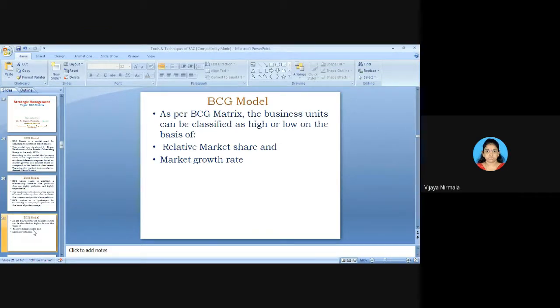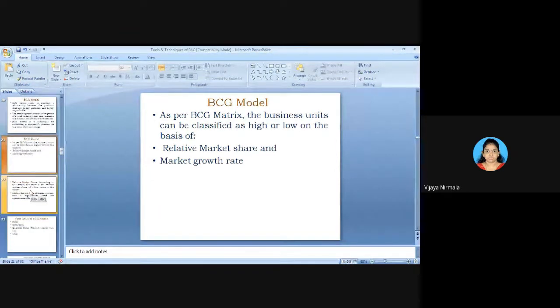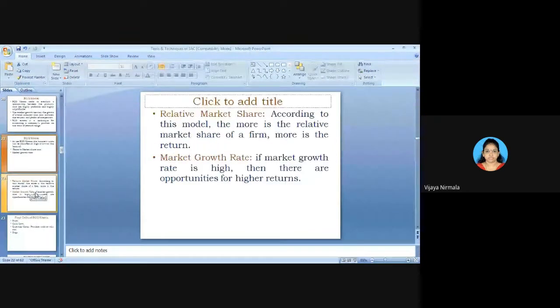So on the basis of relative market share and market growth rate, this BCG matrix has been defined, right? Now let us see what relative market share is and what market growth rate is. Let us see in depth about it. The first one is relative market share.